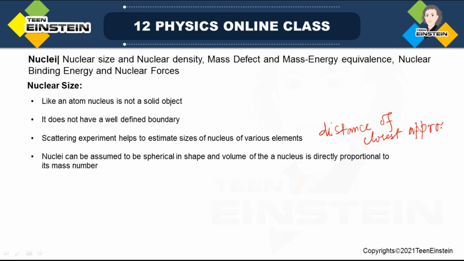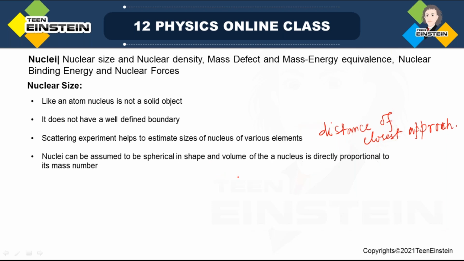For various elements, the size of the nucleus has been estimated by scattering experiments.